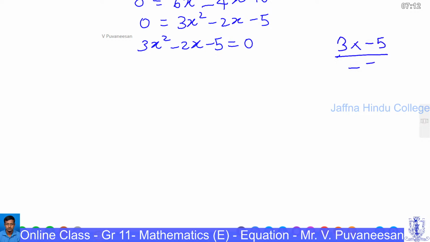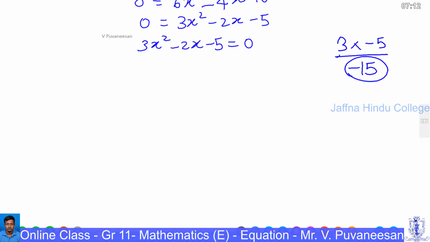3 into minus 5 equals minus 15. So now we divide the minus 2x into two parts. To divide the minus 2x, we have to find two factors of minus 15 whose sum is minus 2.